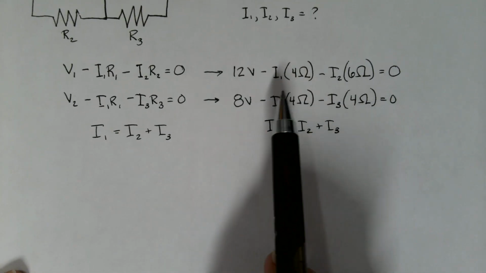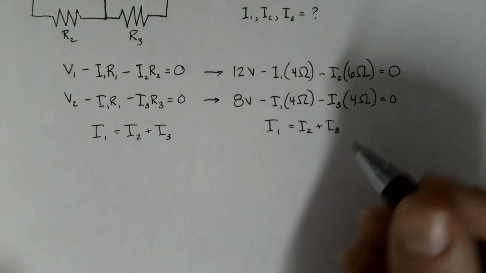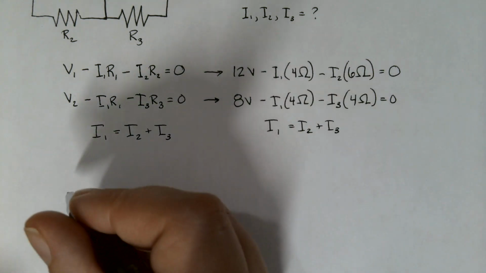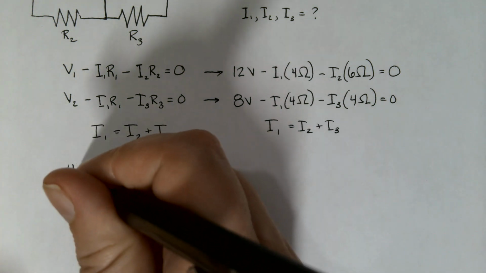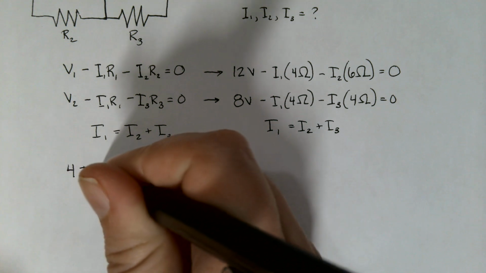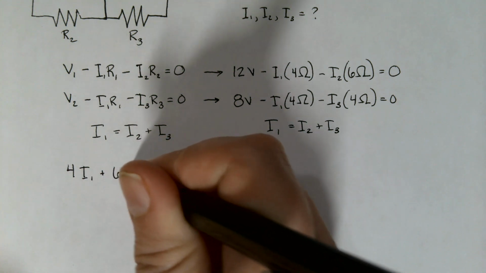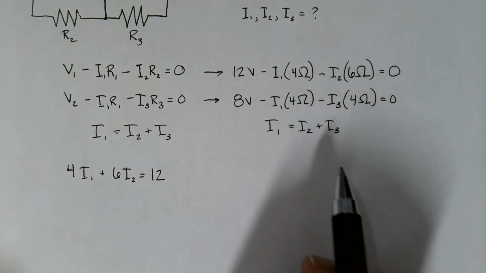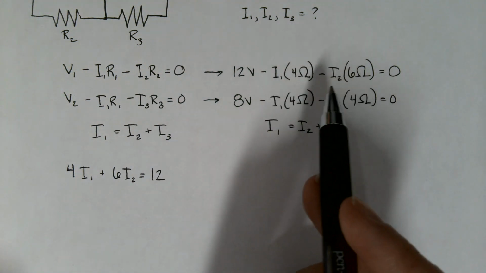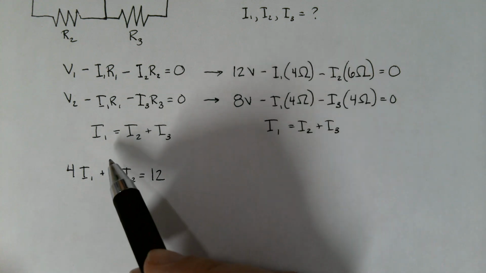Now I'm also going to bump these over to the other side and just do some rearranging here. So equation 1 is going to become 4 times I1 plus 6 times I2 equals 12. I moved these to the other side and they became positive, and I dropped the units.